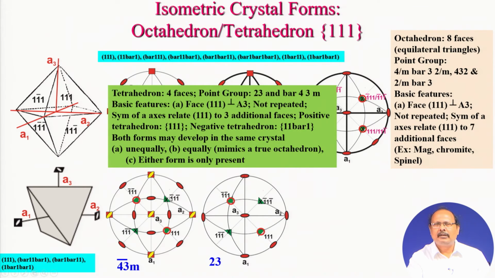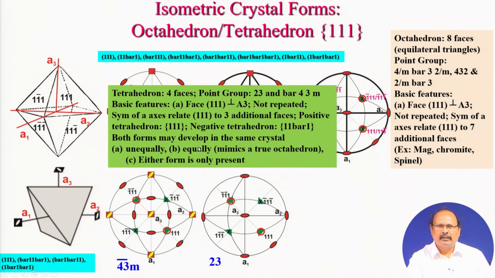This 4 faced form will also be a tetrahedron, but we will call it the negative tetrahedron, and both forms develop in the same crystal. In the same crystal you can see both forms developed. Sometimes we see they are developed unequally: one type of form is developed in greater proportion compared to the other, which is less developed.